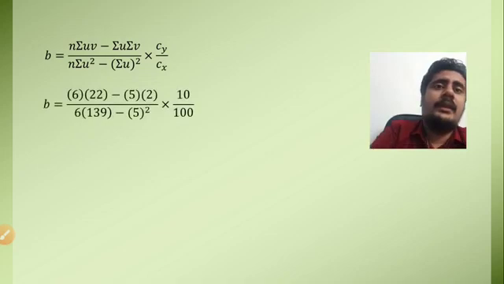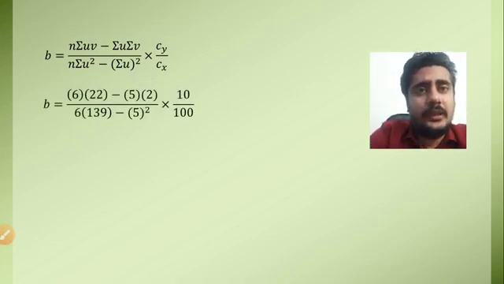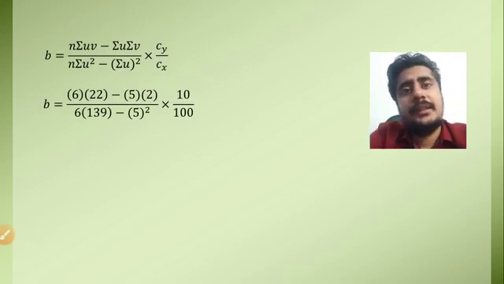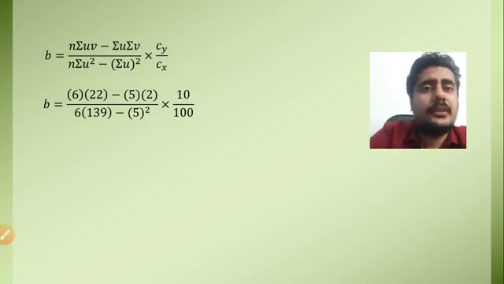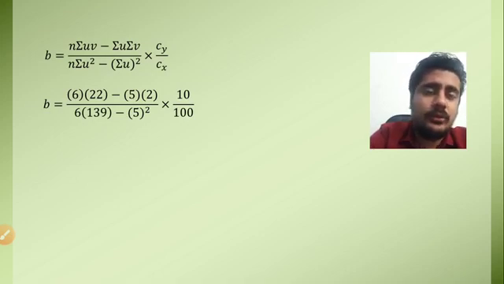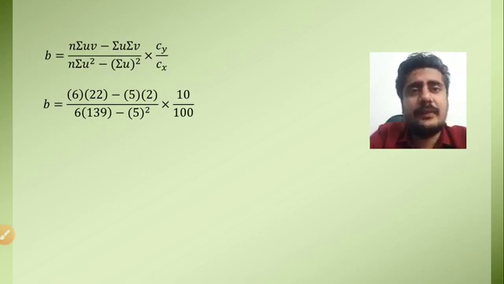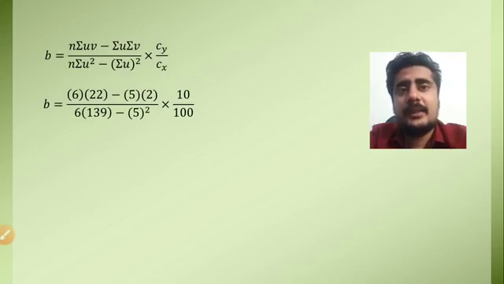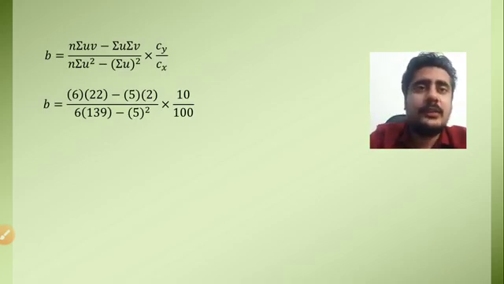Okay, now you have all the figures with you in the above table which you have calculated. n is 6, sigma uv is 22 minus sigma u is 5, sigma v is 2 upon n sigma u square, that is 6 into, now sigma u square is 139 minus sigma u whole square, so it is 5 square into cy upon cx.